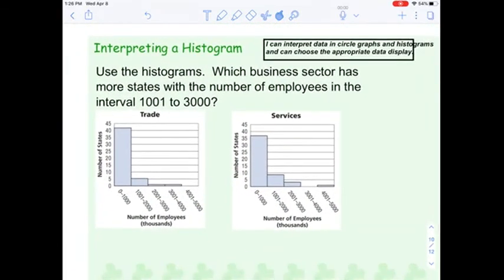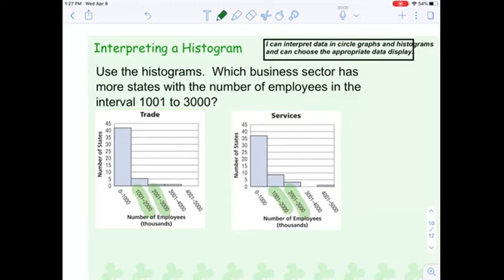Okay, interpreting a histogram. Using the histogram, which business sector, trade or services, has more states with the number of employees in the interval 1001 to 3000? So I need to look at 1001 to 3000 on both of these, and we're trying to figure out which one has more.